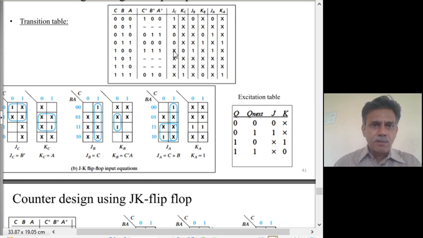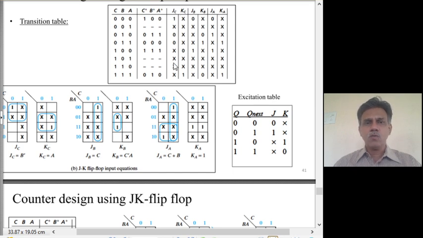Then the next two rows correspond to C plus being don't care, therefore the excitations are don't care. Finally we have a 1 0 condition, C and C plus are 1 0. For that J has to be X, K has to be 1. So this way you fill the JK values for B as well as A.